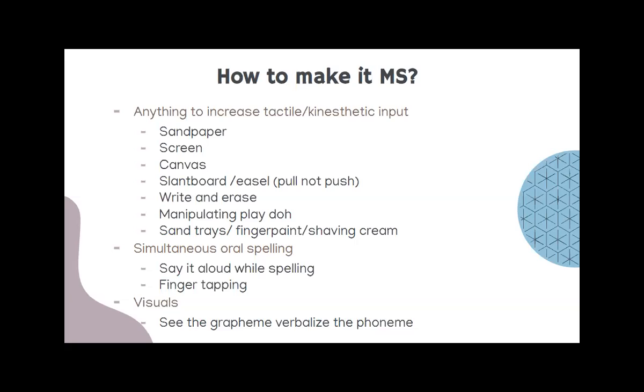Pen in one hand, they're going to tap on the other hand so that they're able to hear each individual sound and then decide what symbol or letter goes along with that sound. And then you're going to make sure that they have visuals in front of them. So you want to have them see the grapheme and verbalize the phoneme.